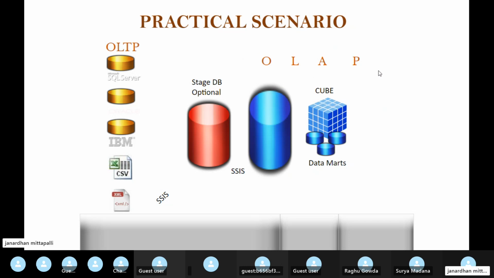OLAPs, we can say these are data warehouses. It consists of historical information as well as current information. What is information? Information is nothing but data. So this process from data warehouse or DBs, creating cubes or data marts, we can say SQL Server Analysis Services, or creating models.